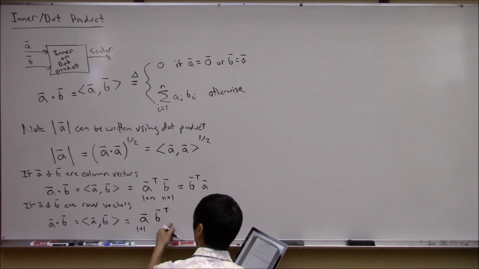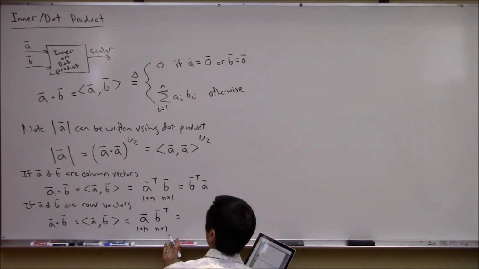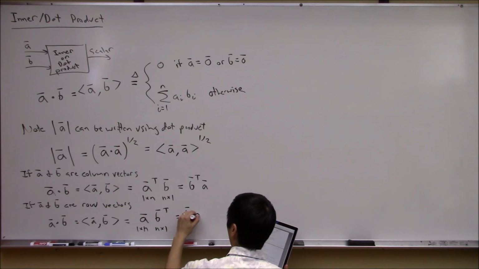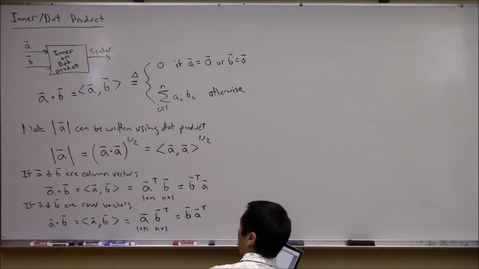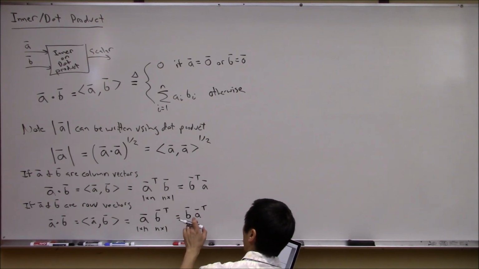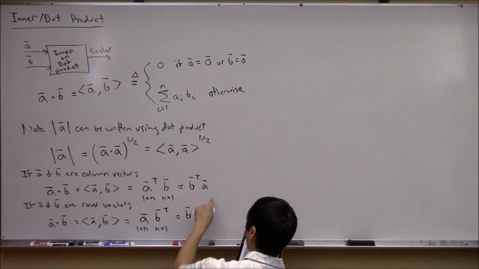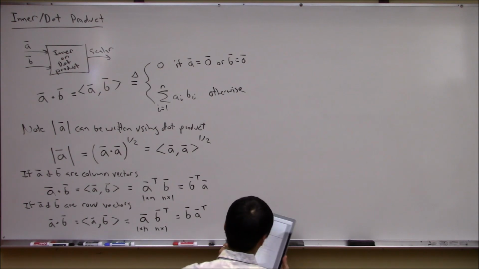B is a row vector, I transpose it, I get an n by 1. And again, same thing, the order doesn't matter. I could go B times A transpose. So you can use transposes and matrix multiplications to do this summation for you. These are convenient ways to calculate inner products, okay?